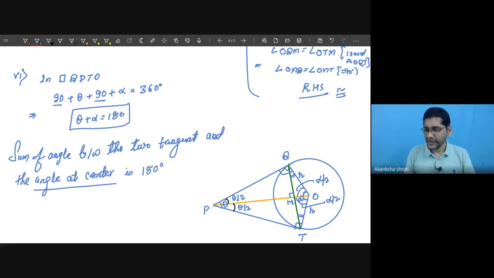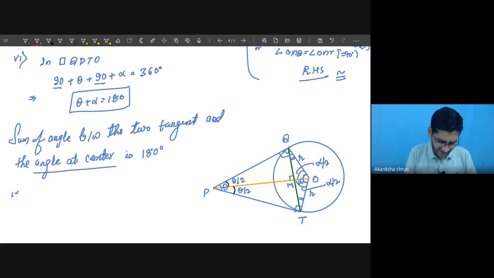Many a time the terms supplementary and complementary are used. So what is the angle between the two tangents? It is supplementary to the angle at the center. This way an MCQ is framed: the angle at center is, option A, supplementary to the angle between tangents; complementary to the angle between tangents; none of these; both of these.